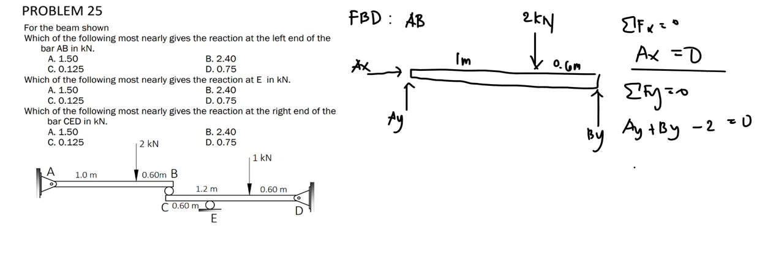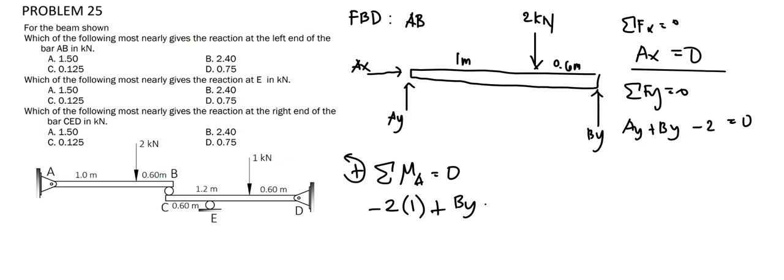Since we have two unknowns, we make use of the other equation, that is summation of moment at points. We can choose point A, summation of moment at point A equal to 0, taking counterclockwise to be positive. So we have a negative 2 kN force because it induces a clockwise moment, therefore it's negative, multiplied by the moment arm distance of 1 meter, then plus the force By, since it induces a counterclockwise moment, it is positive, multiplied by the moment arm distance of 1.6 equal to 0.